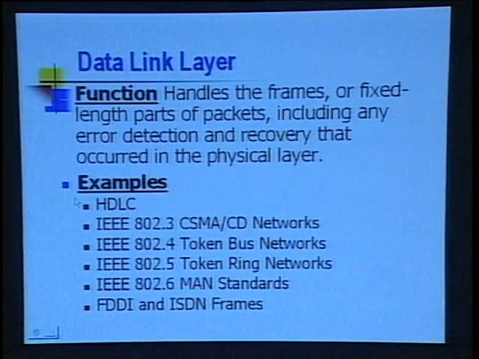The examples of the data link layer are HDLC, IEEE 802.3 standard CSMA/CD networks, which we'll discuss briefly, IEEE 802.4 token bus networks, IEEE 802.5 token ring networks, IEEE 802.6 MAN standards, Fiber Distributed Data Interface, and Integrated Services Digital Network frames. These are the examples of the data link layer.